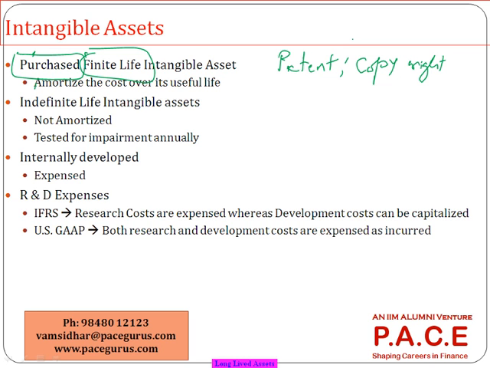You just do an amortization over the life of that asset. If the copyright is taken for 50,000 bucks for 5 years, so 50,000 treat it as an asset, and in the expense which is under amortization, put 10,000 per year for 5 years, right? That is what you do for purchased finite life intangible assets.